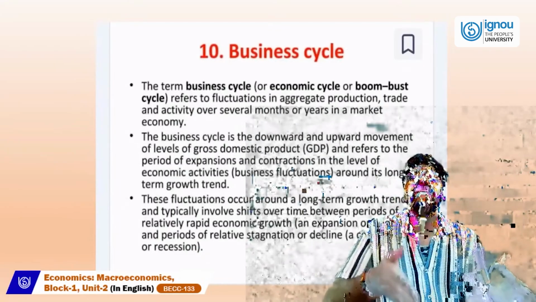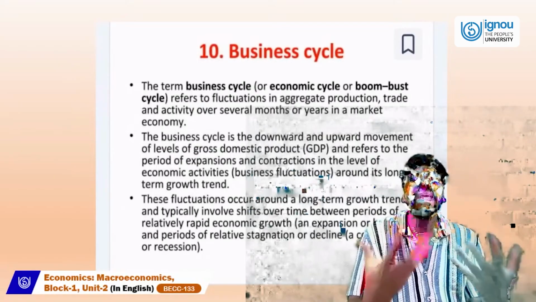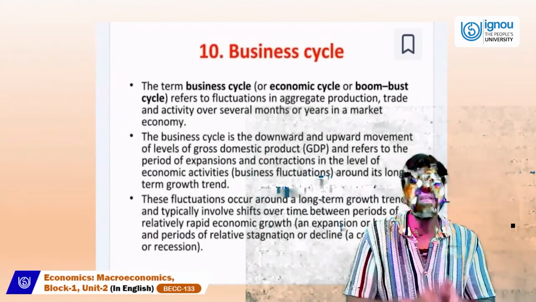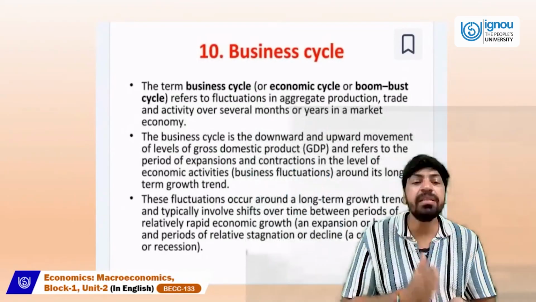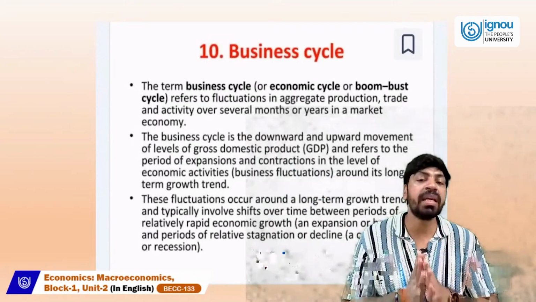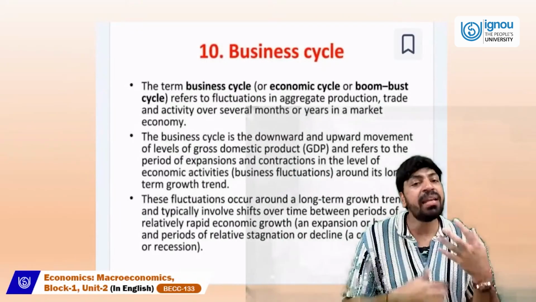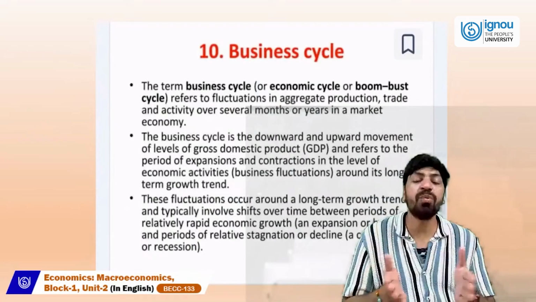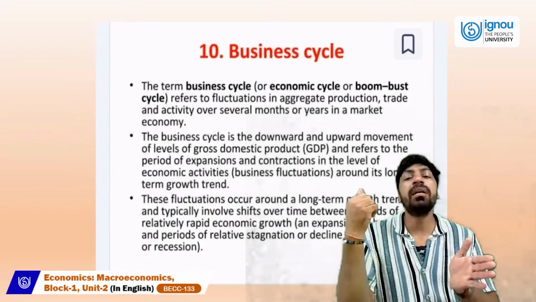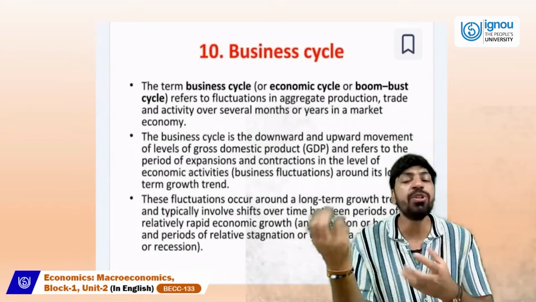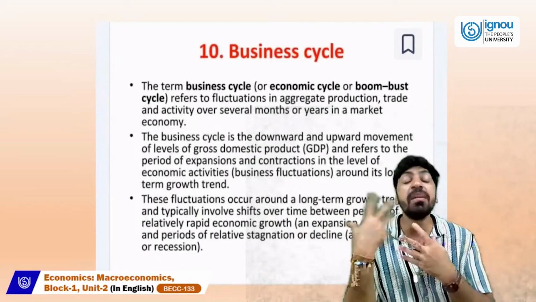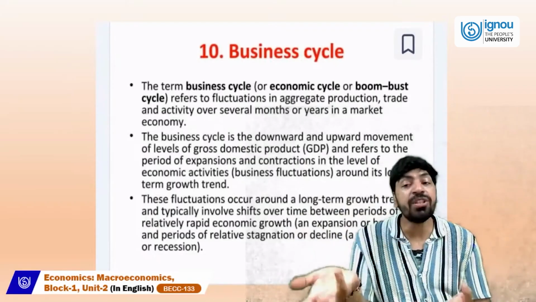The periods of expansion and contraction totally depend upon the level of economic activities, and that is ultimately called business fluctuation, depending upon situations like inflation, deflation, hyperinflation and recession.